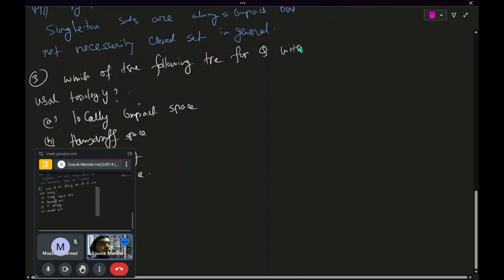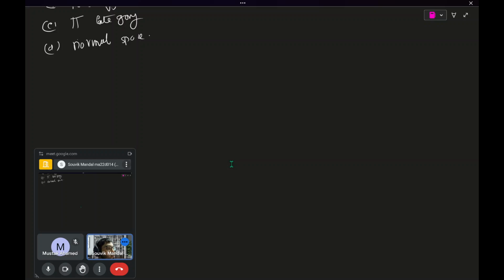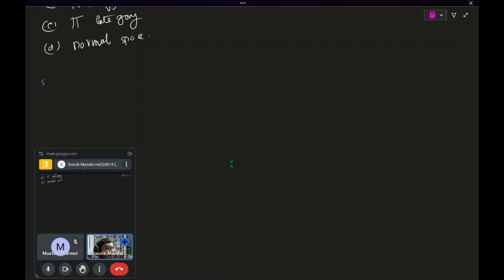So which one will satisfy the usual topology? Solution is B and D. Now look.